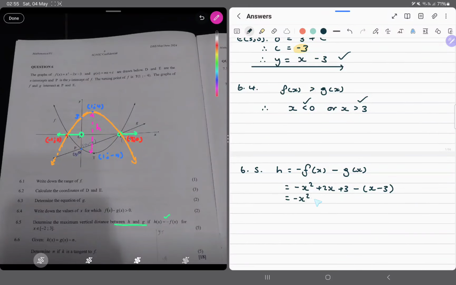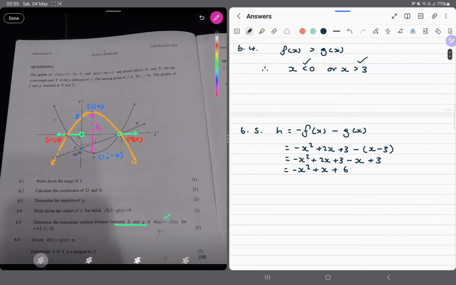So this is minus x squared plus 2x plus 3 minus x plus 3. Minus x squared plus x plus 6. So this is the expression that gives us that value.